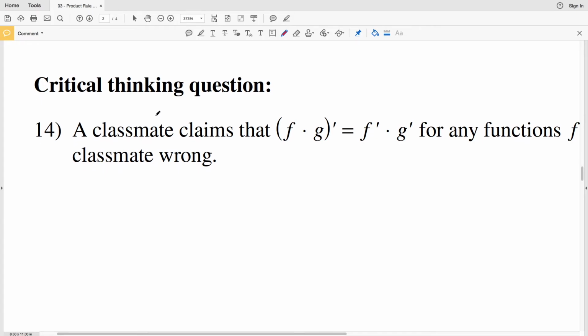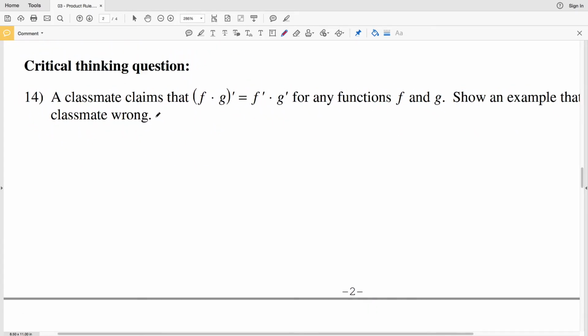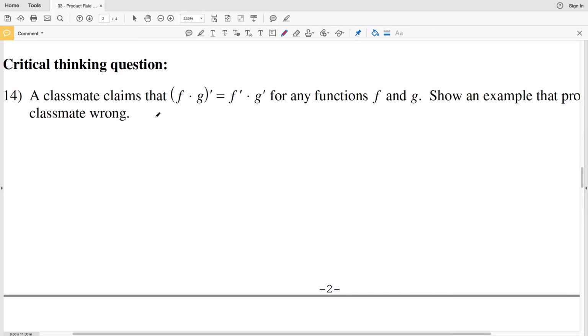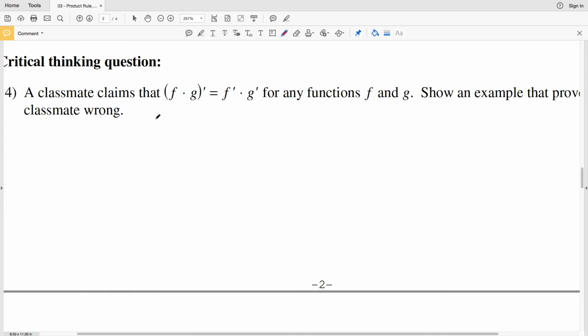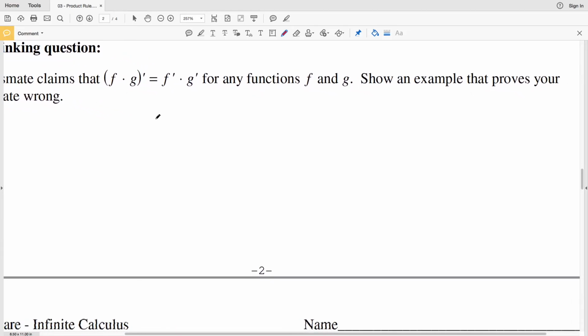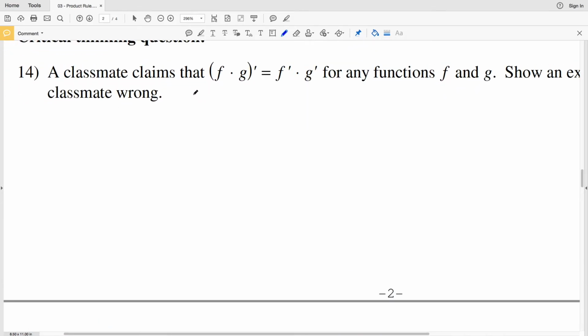Continuing on to our critical thinking question, it says, a classmate claims that the derivative of f times g equals the derivative of f times the derivative of g for any functions f and g. Show an example that proves your classmate wrong. And this is quite easy to prove wrong.